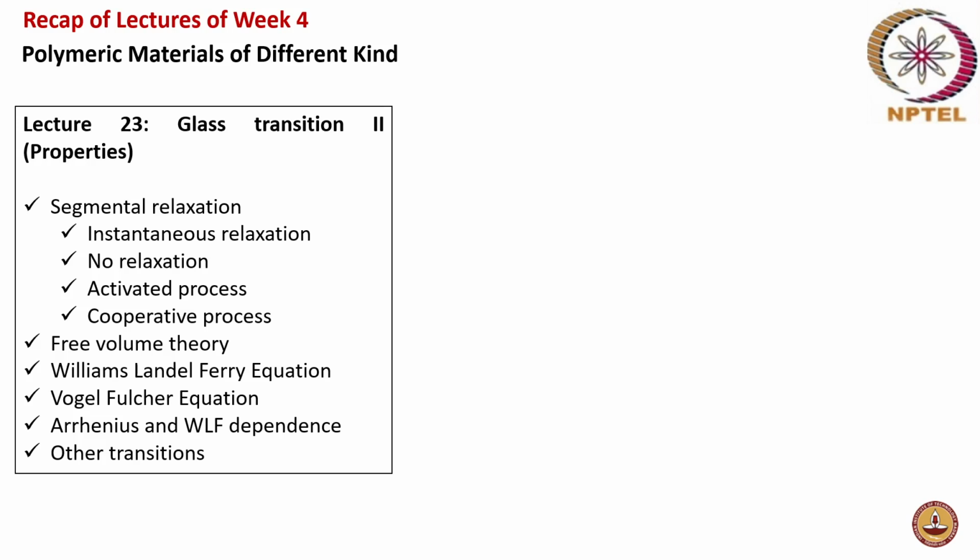So here again there was a continuation and discussion of glass transition. So segmental relaxation, instantaneous relaxation, no relaxation, right? And then activated process, cooperative process, free volume theory, WLF equation, and Arrhenius and WLF dependence. So you have WLF dependence when the material is closer to its glass transition, right?